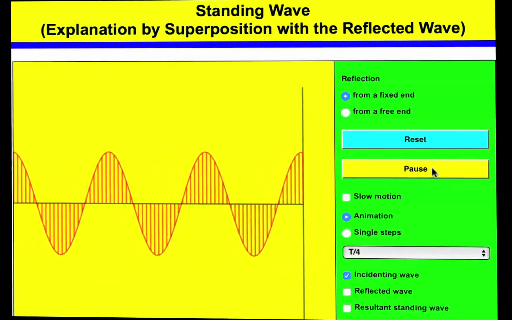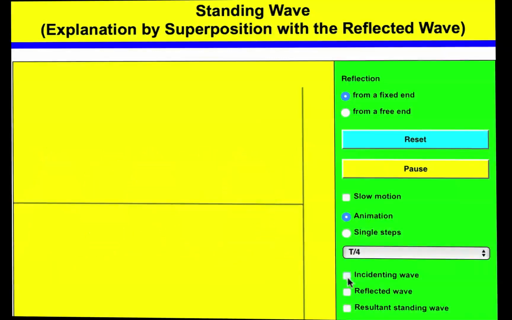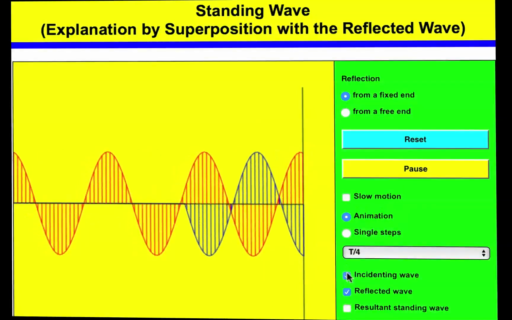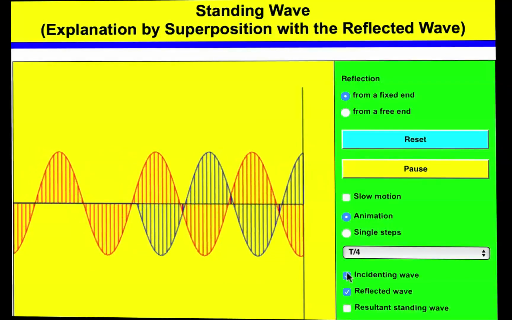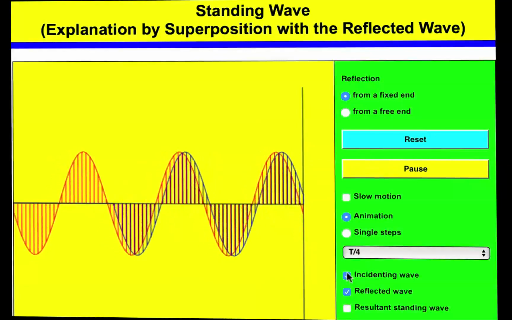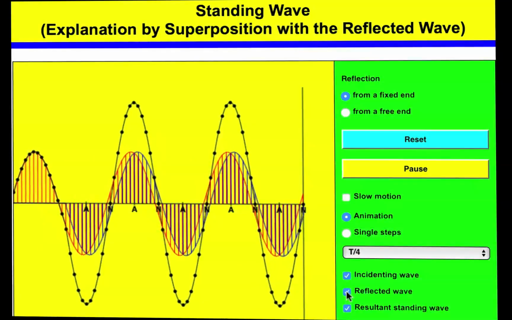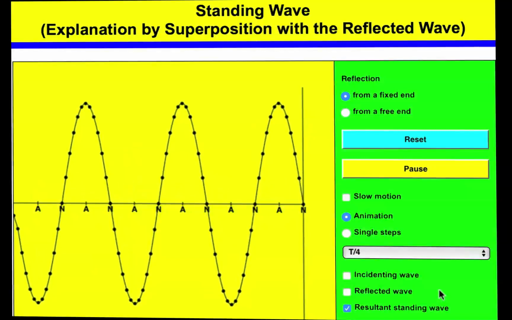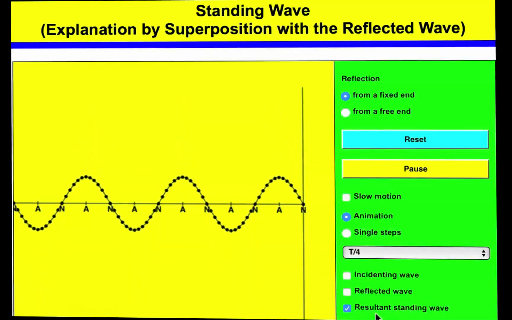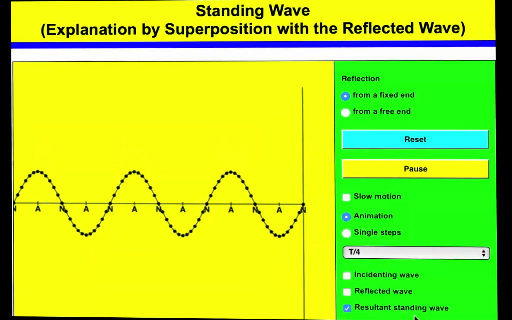Okay, so this is the incident wave. I'm going to stop this and show you the reflected wave. Well, maybe I can show both of these. So the incident wave is coming in and the reflected wave is going back. Now this will get a little confusing, so I'm going to shut off the reflected and the incident wave and just show you the resulting wave that forms from the incident and the reflected waves.